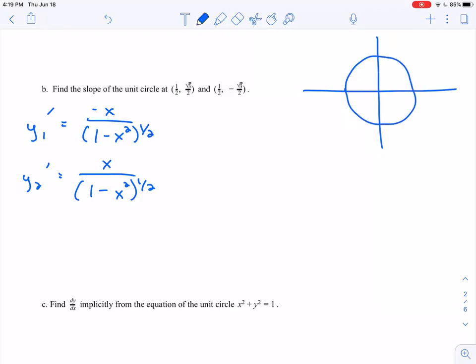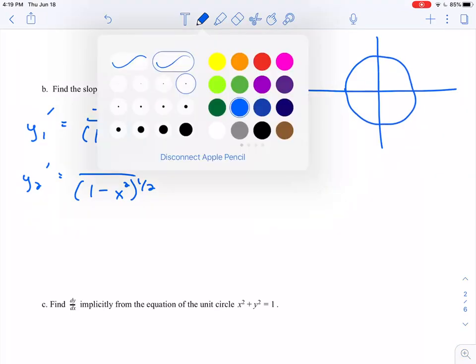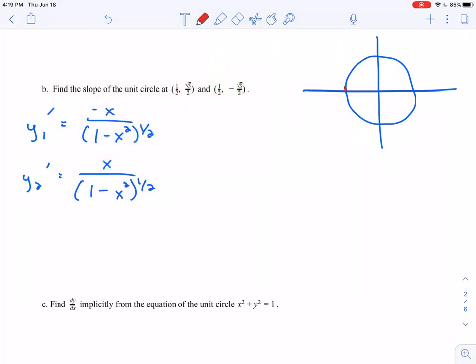It looks something like this. But really what I have is 2 separate functions. I'm going to have this top function, here's the positive case. That's the red one right there. So this is really y1 equals square root of 1 minus x squared. And then the bottom half of the unit circle, that's my y2, that's my negative square root 1 minus x squared.